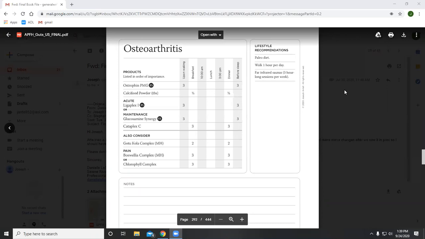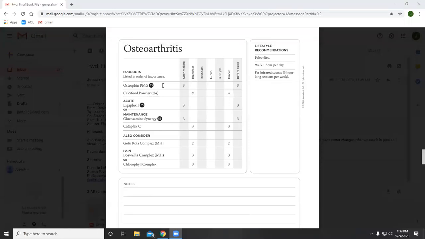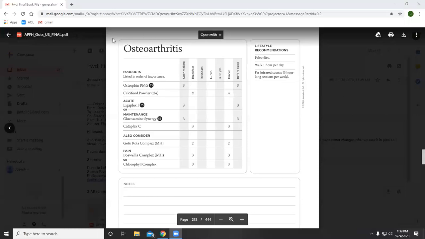So getting back to that practitioner's question, which was very good. Say you've got them on 4 or 5 things, and you're like, but they have this osteoarthritis pattern, and you're saying to yourself, I can only give them one more product. When you look at my book, you can see that they are in order of importance. So the priority is you've got to remove the burden off whatever the joint is.